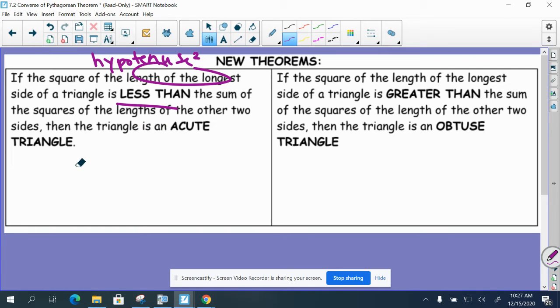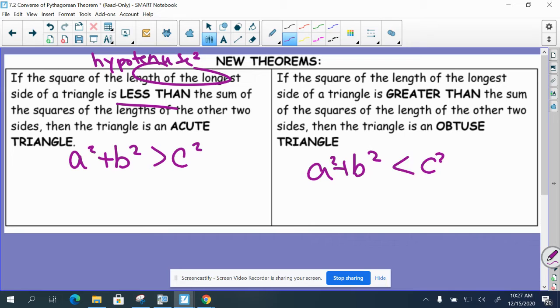So basically, if you've got a squared plus b squared and c squared, if the hypotenuse squared is smaller than these two added up, then it's going to be acute. But on the other hand, if the hypotenuse squared is bigger than, remember we're going the opposite way, this means bigger than a squared plus b squared, then it's obtuse.